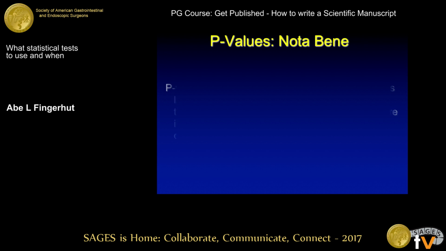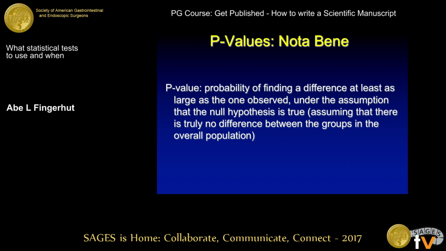P-values are the probability of finding a difference at least as large as the one that you've observed. But it assumes that you're talking about what we call the null hypothesis. That means the hypothesis says that there is no difference, and you want to prove that there is a difference. If you don't have a null hypothesis, you should not use p-values.